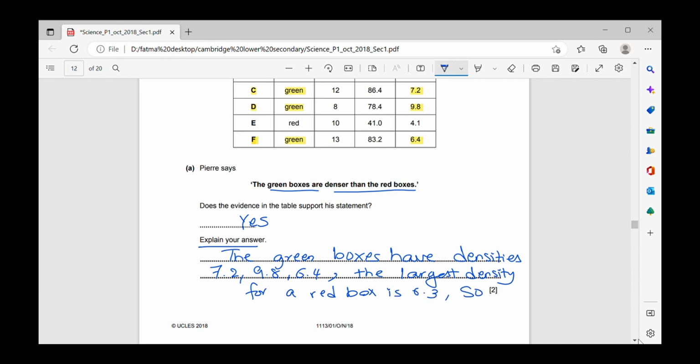So all the densities of the green boxes are higher than the red boxes.